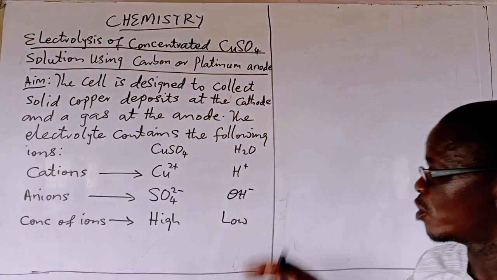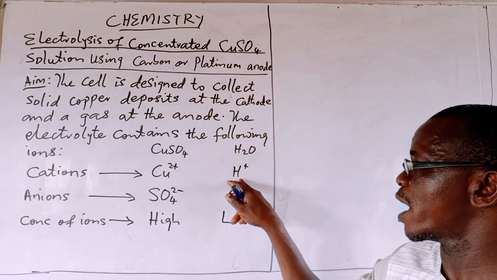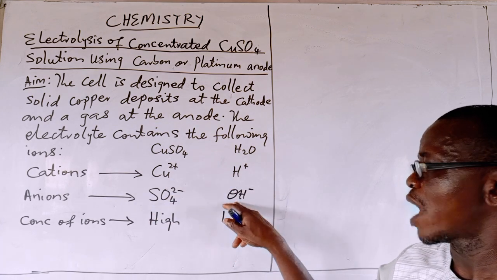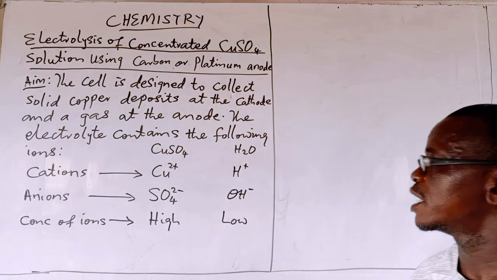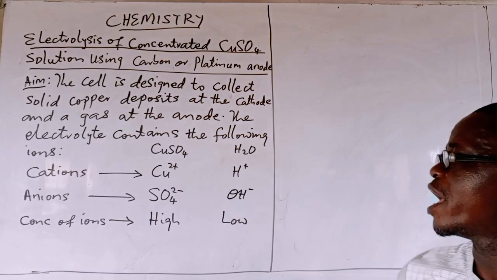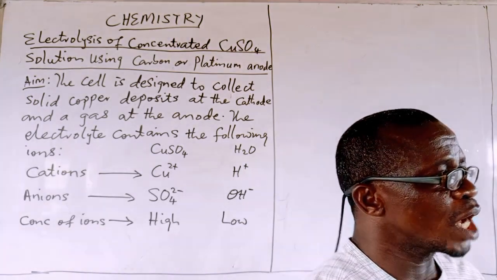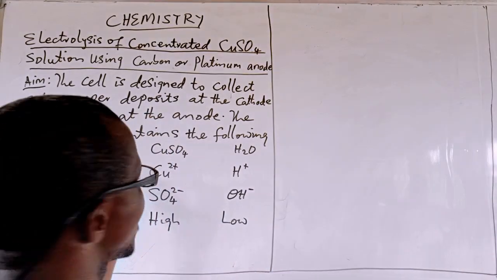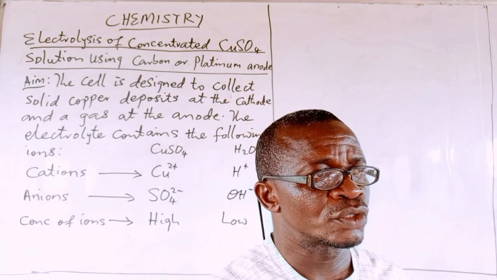So you will now consider whether these two are close by or far apart on that electrochemical series. From there, you now know what to do. Good. Now let's move forward to what will happen at the anode and at the cathode.